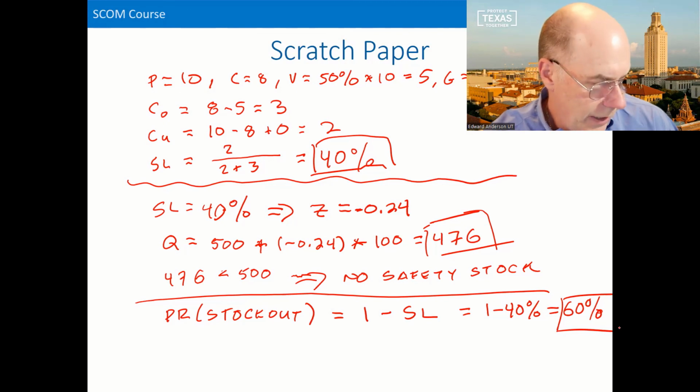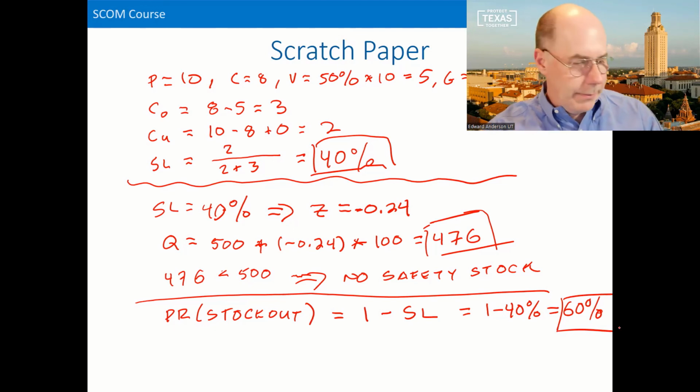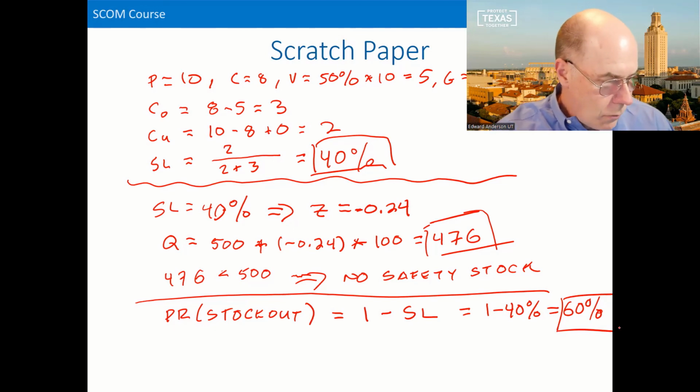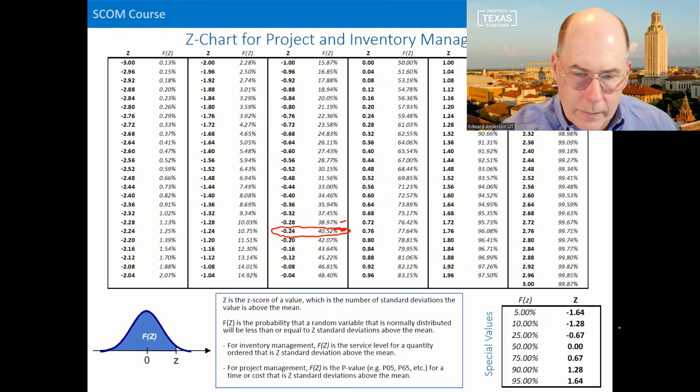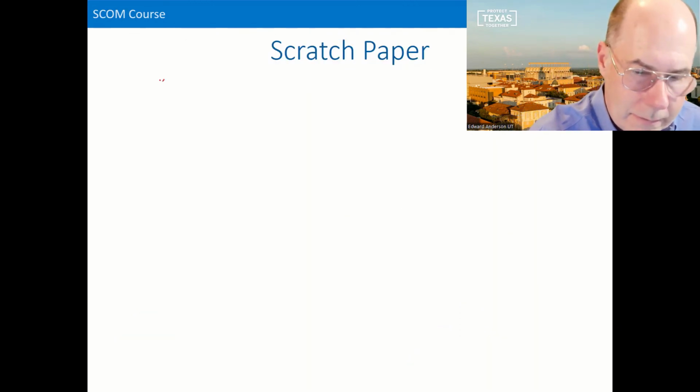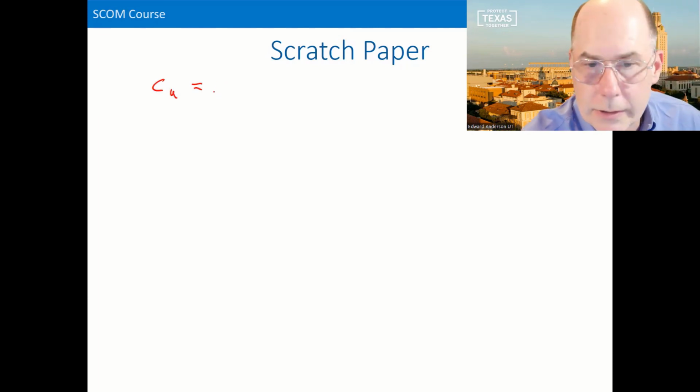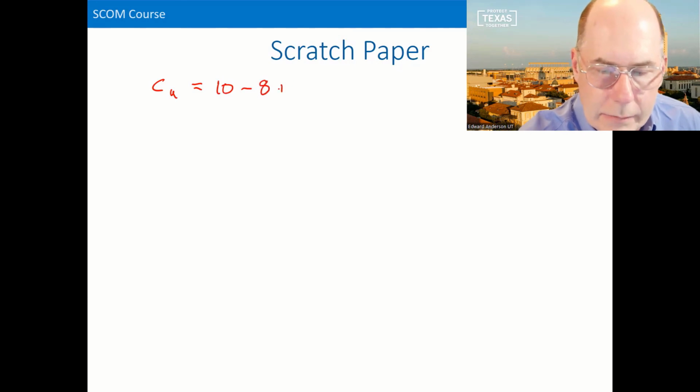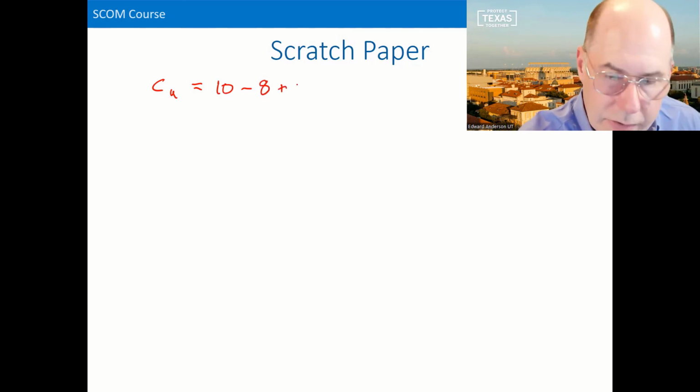Now, we're interested in what would happen if the marketing department comes back and tells us the goodwill cost is $3. Well, let's do that. That means that the cost of understocking is equal to 10 minus 8 plus 3.